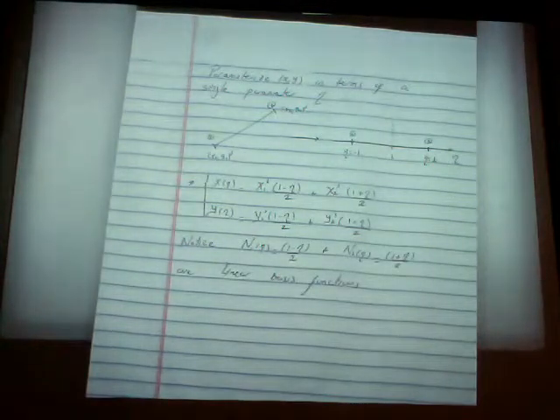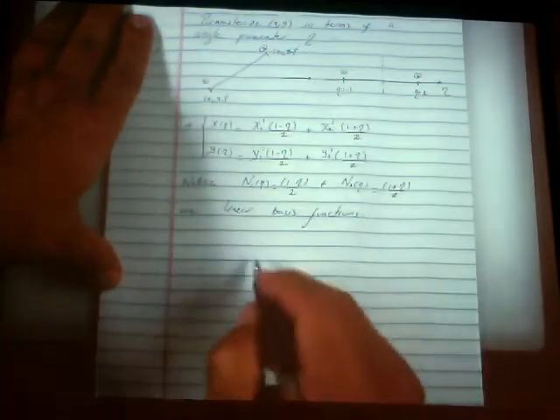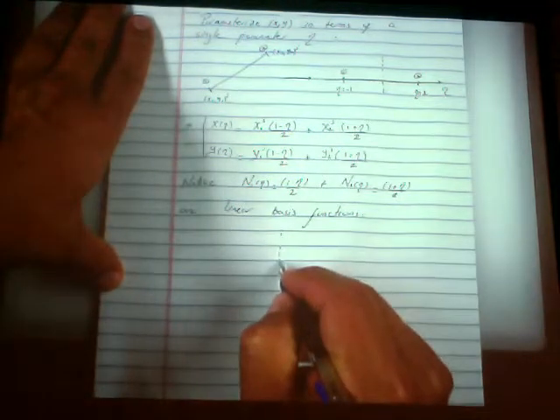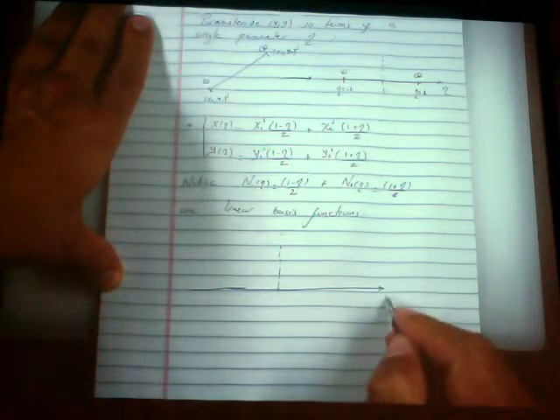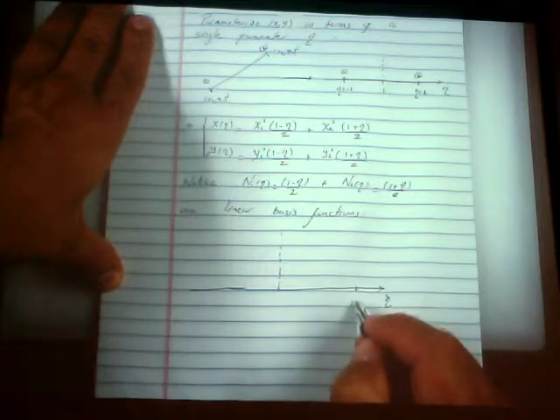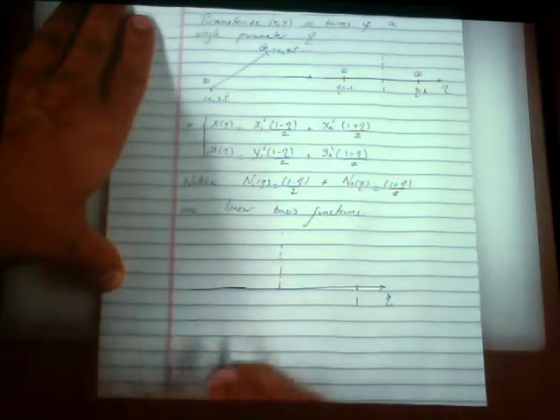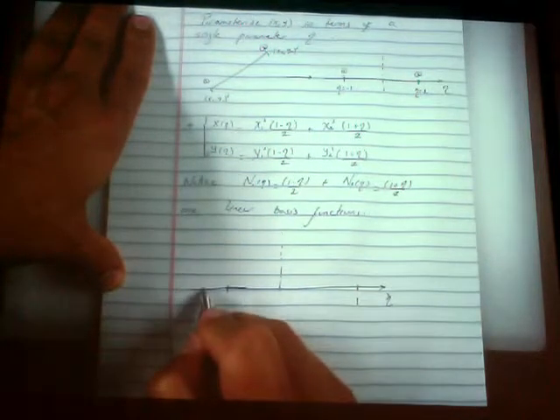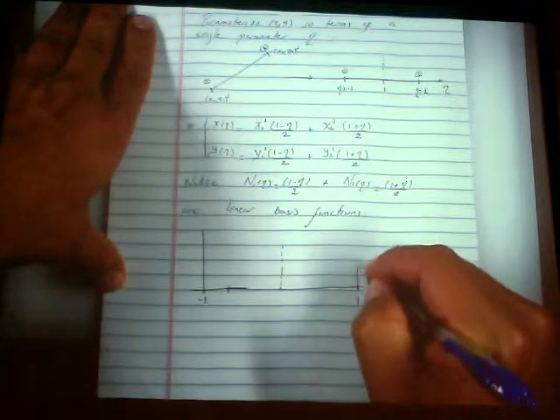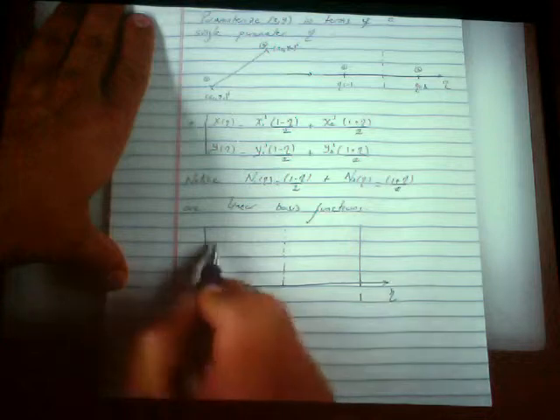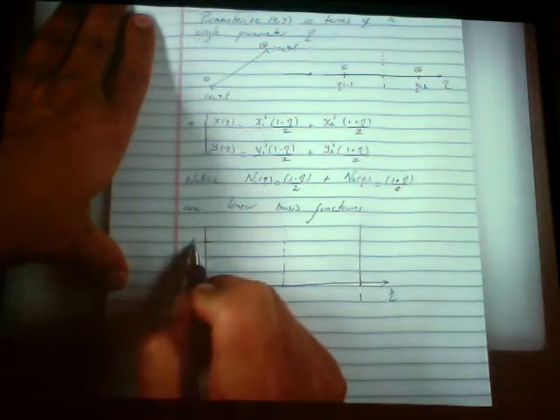So essentially, we have eta from minus 1 to 1, and let's make this 1.